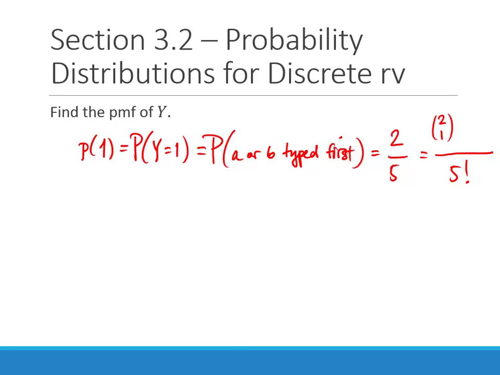Then the next 4, I don't care what order they're in, they will all give me a value of 1 there. So if I have 4 items left and I'm looking at all the possible orderings of those, that's going to be 4 factorial. So 2 choose 1 times 4 factorial is the number of ways such that we could get A or B typed first. The number of outcomes in our sample space that have A or B listed first. And if you work that out, you'll see that is indeed 2/5.